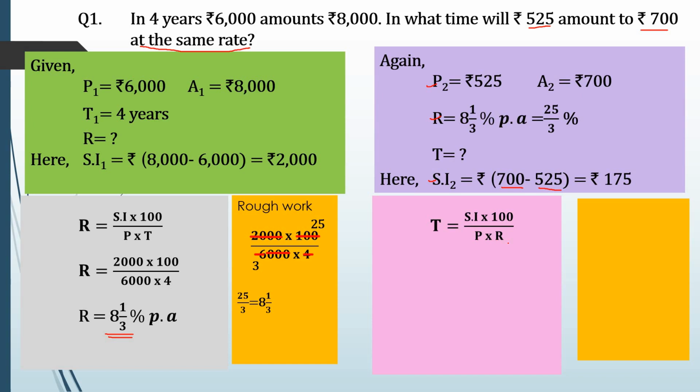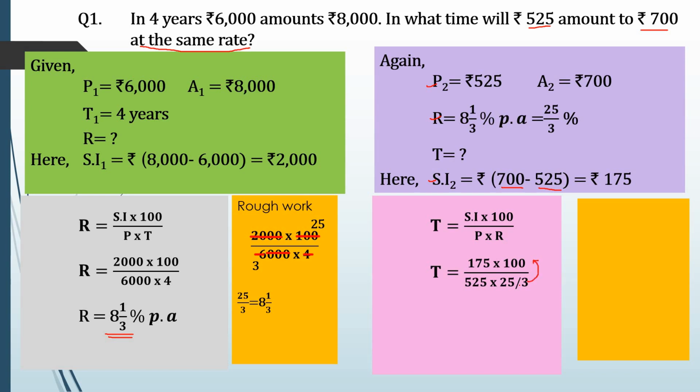Now in the second stage we will just substitute the values and we will get T equals SI is 175 into 100 divided by principal is 525 into rate is 25/3. Now this 3 which is in the denominator of the denominator, we can take to the numerator.